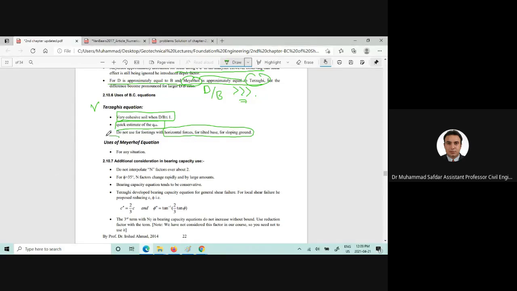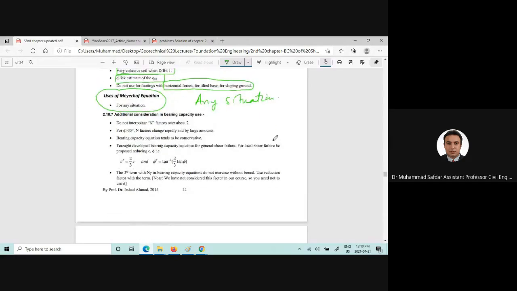Now we can use the Meyerhof equation for any situation. For example, we can add the depth factors, the shape factors, the inclination factors, or even the slope factors or ground factors to account for load inclination, for the sloping surface, and for the ground if the foundation is inclined as well.